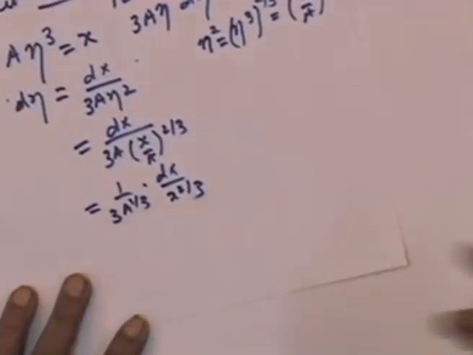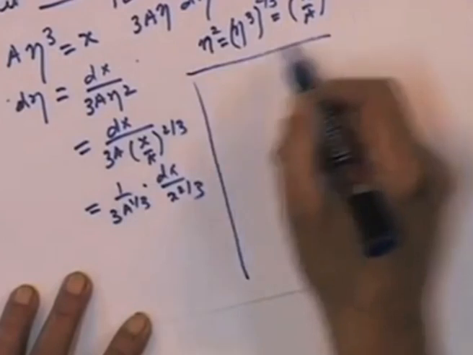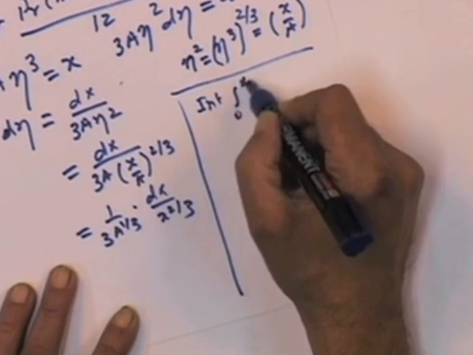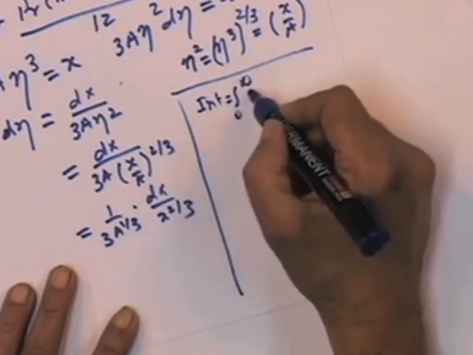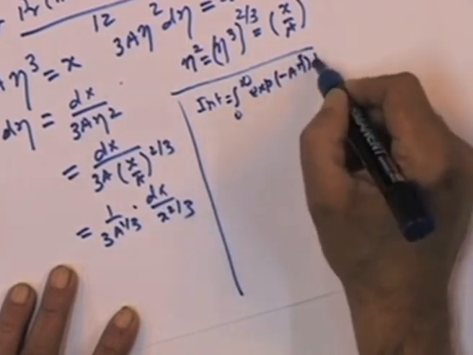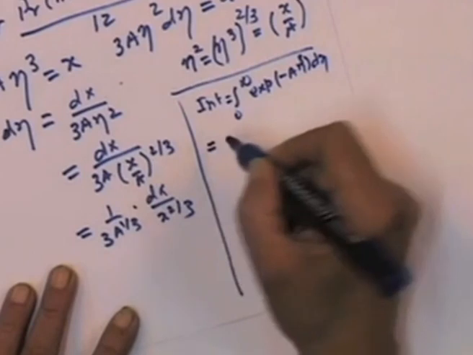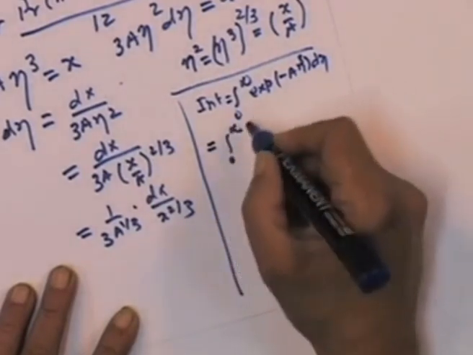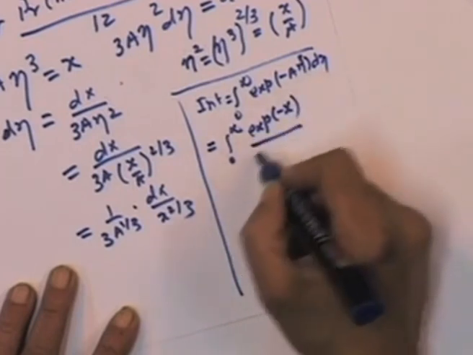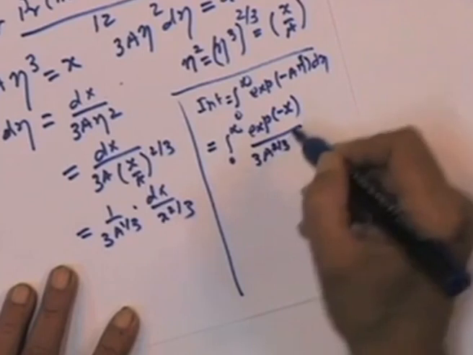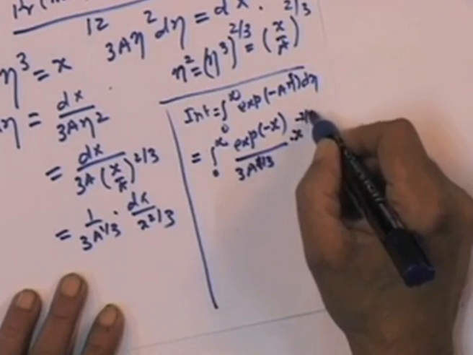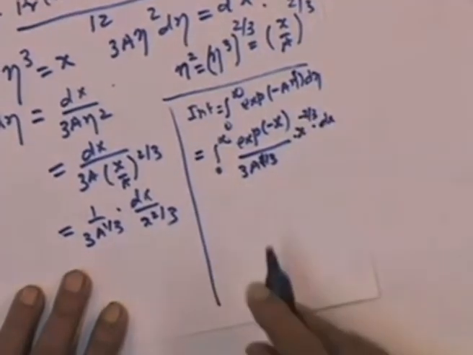And therefore, our integral is simply 0 to infinity exponential of minus a eta cube d eta, which can be written as 0 to infinity exponential of minus x into 1 by 3 a raised to 1 by 3 into x raised to minus 2 by 3 into dx.